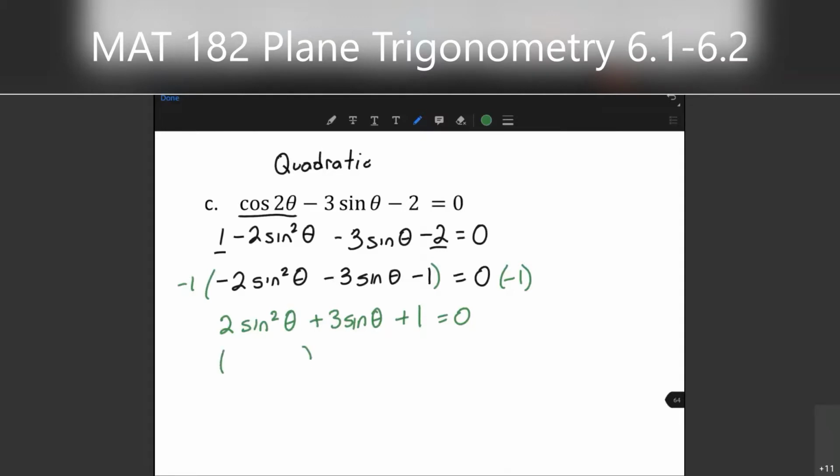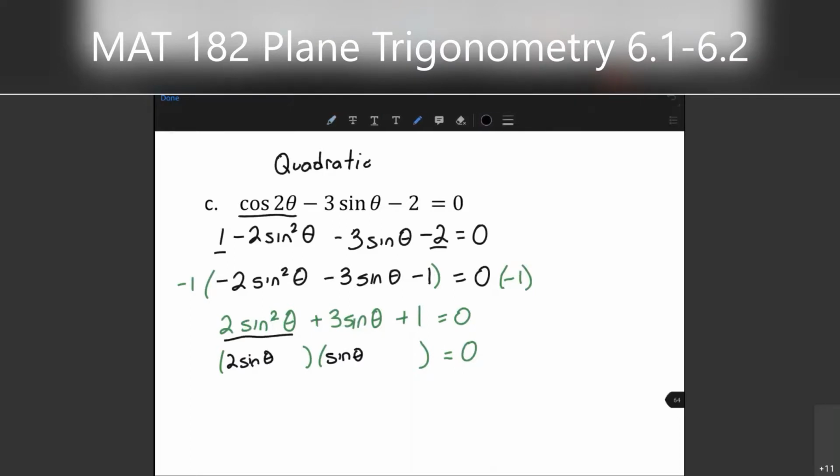This doesn't have necessarily a lot of options to factor, which is nice. If I look at the leading term, 2 sine squared, there's only one way that that can separate. So that would be 2 sine theta and just sine of theta to get that product.